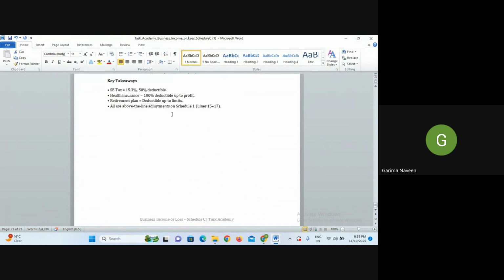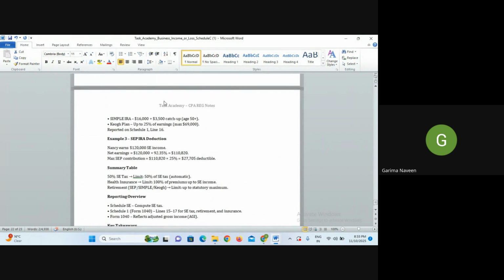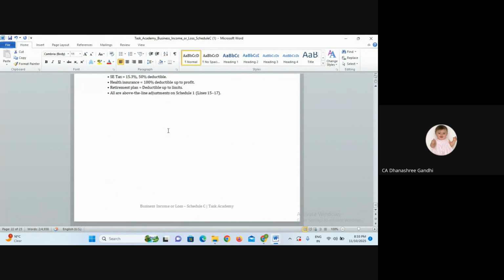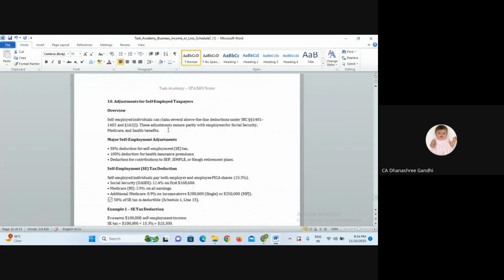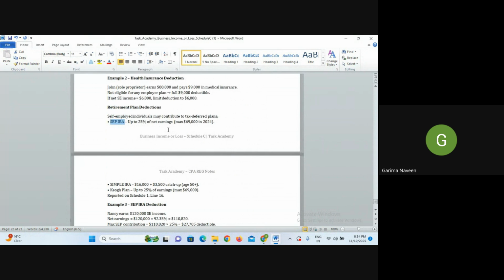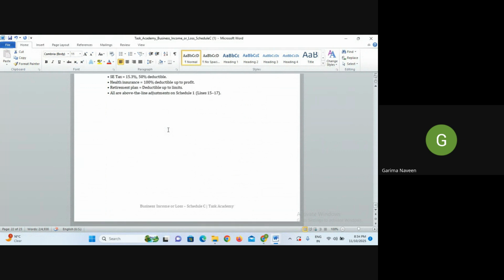Any doubt till here? No. So this is all about your gross income and deductions from your gross income.